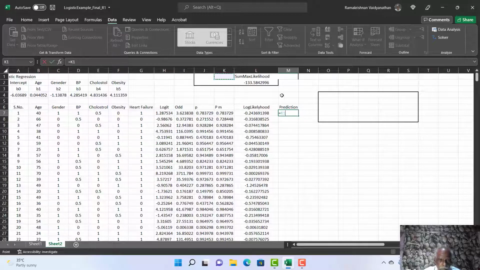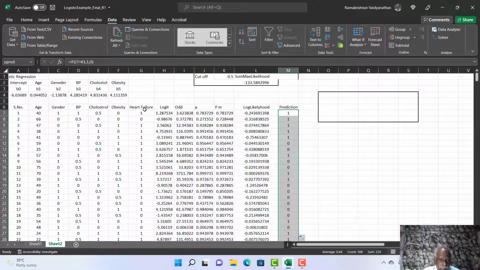I will make a cutoff value here: cutoff is equal to 0.5. Later on we will fix any other value. So equal to IF the calculated p value is greater than the cutoff value, comma, 1, otherwise 0, right? So we have predicted.